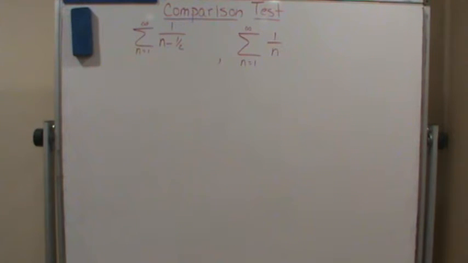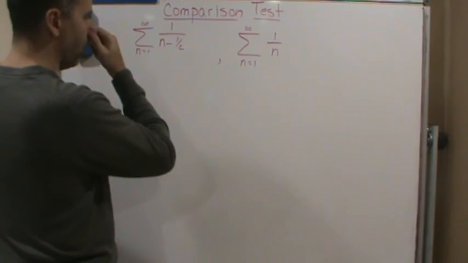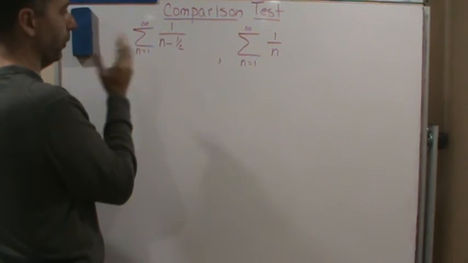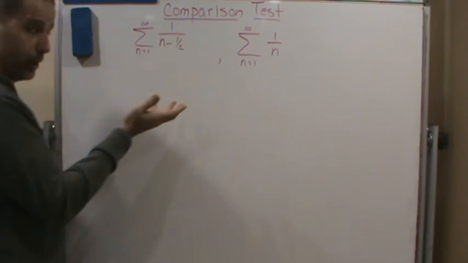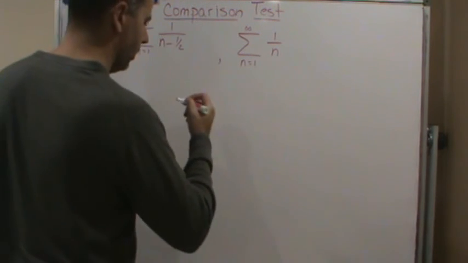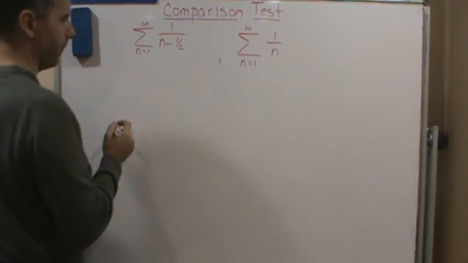The sequence of partial sums of all of these is monotone increasing. Again, the terms are all positive, and they're increasing, so these are monotone increasing. Now again, let's compare the terms.